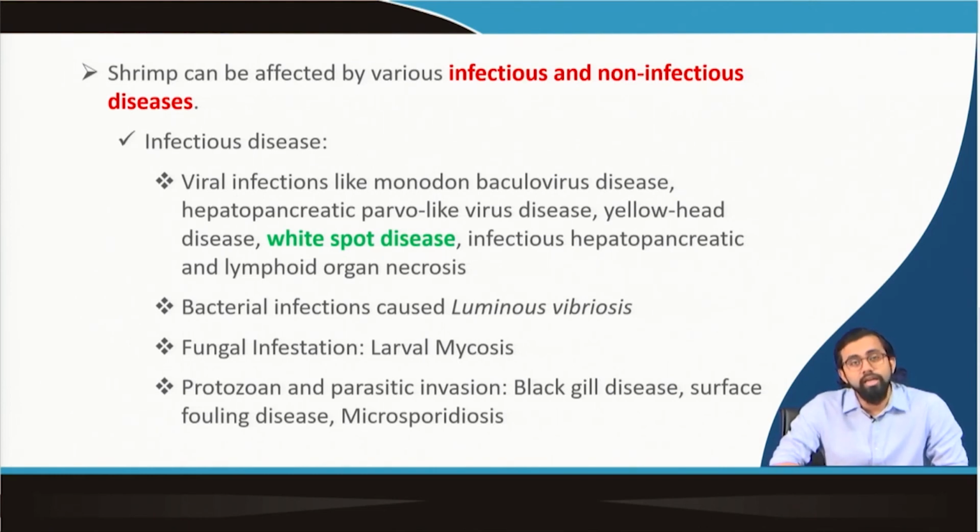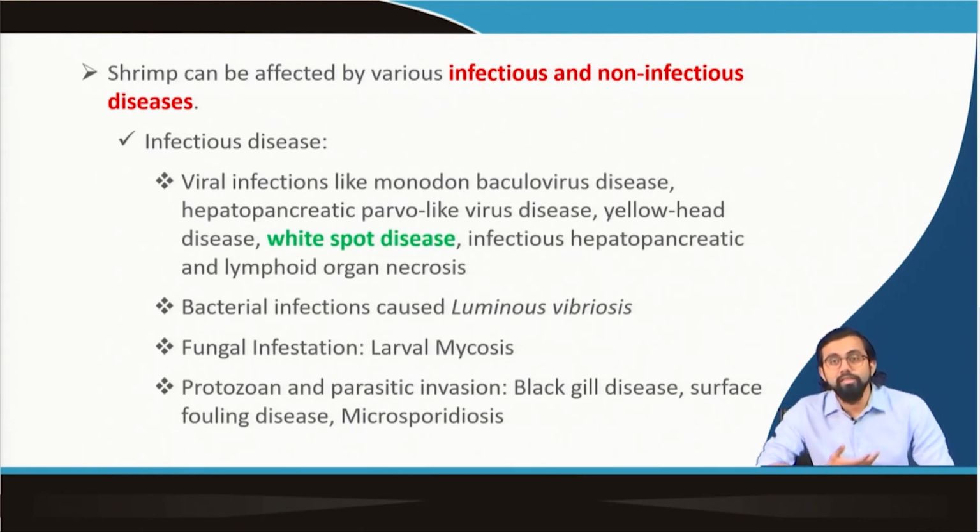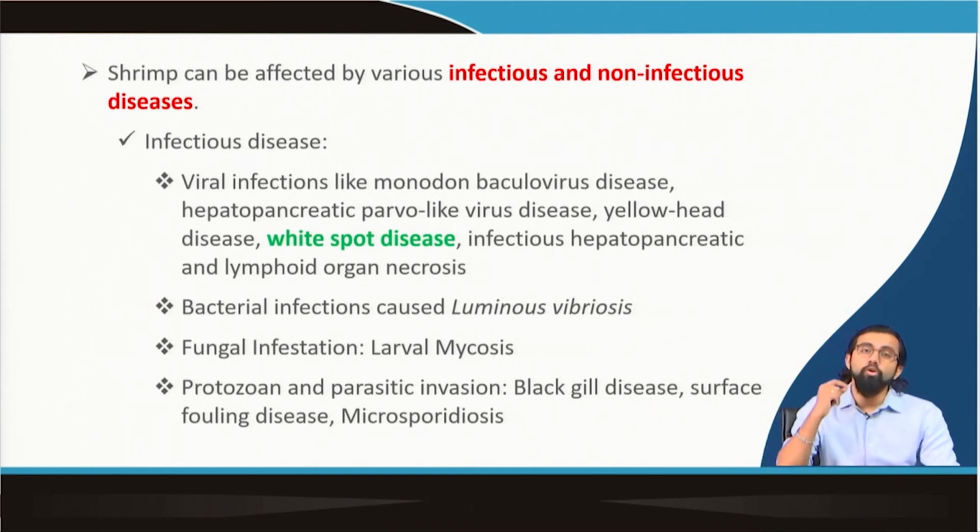They can have bacterial infections caused by luminous vibriosis, fungal infestation, and protozoan or parasitic invasions like black gill disease, surface pollen disease, microsporidiosis, etc. If you want to know more about these diseases, you can simply Google it, and you will get a much better idea of what they are and what troubleshooting measures we should follow.